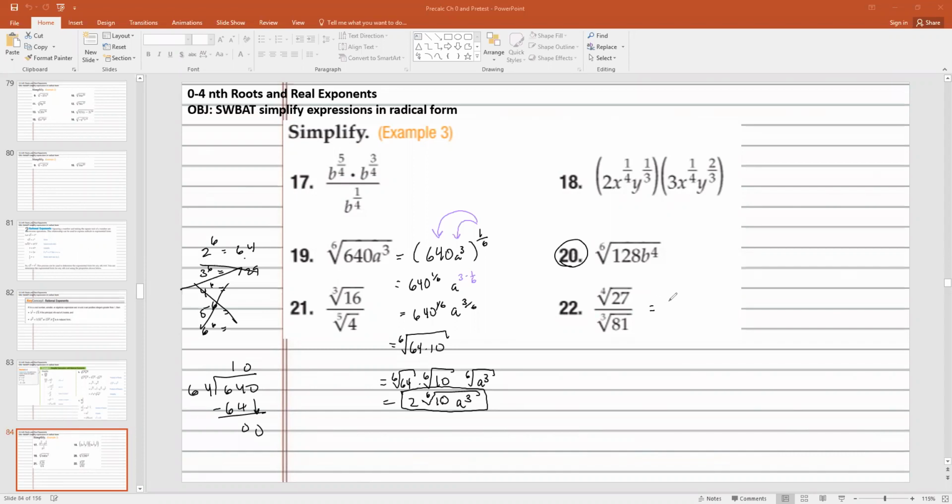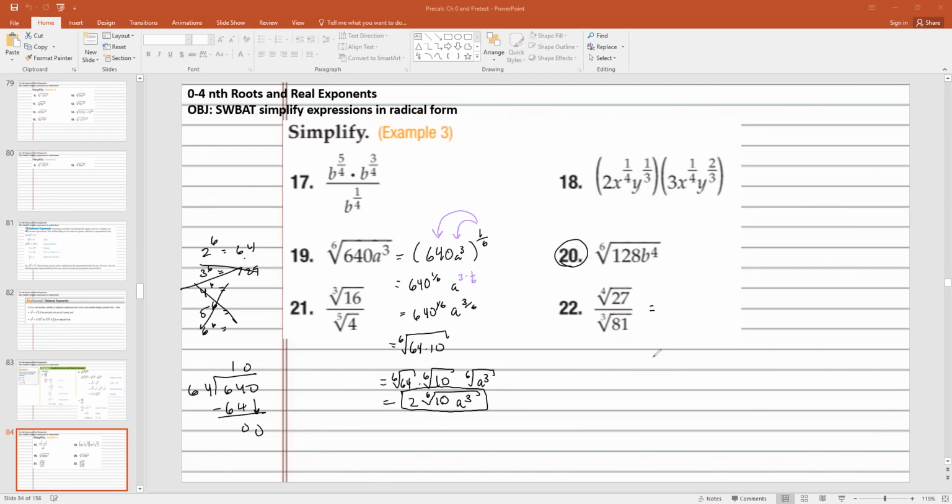All right, so we have the 4th root of 27, then a cube root of 81. Why did I do that? That's weird.